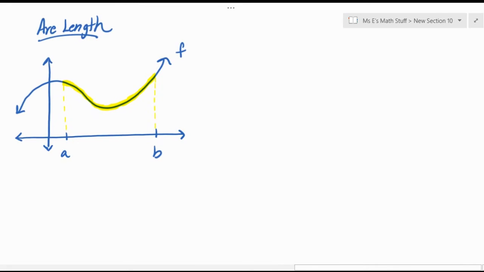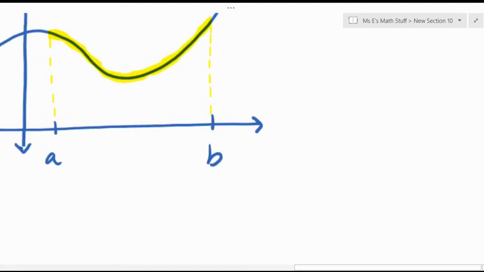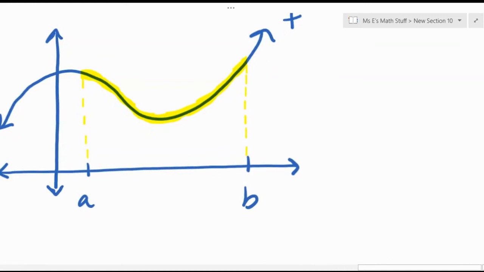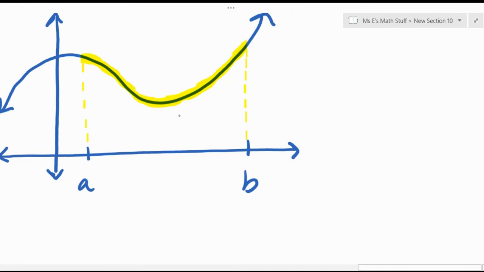Well, the distance formula would help us find the length of straight segments. So what if we just did the distance formula a lot of times? It would be tedious work, wouldn't it?